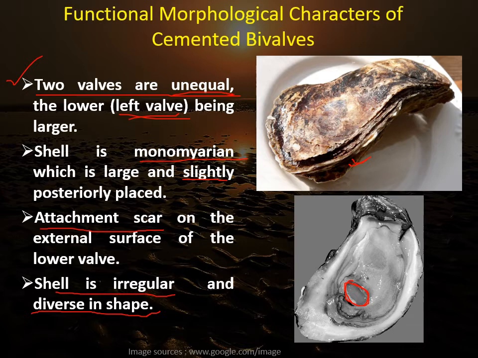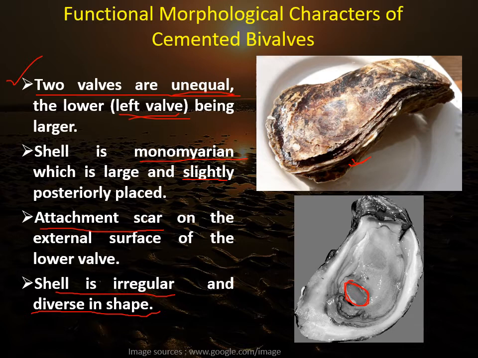As you can see from the previous slide discussion, in the byssally attached bivalves the anterior muscle scar, or the anterior muscle, is already highly reduced. Now during evolution, these bivalves evolved from those byssally attached forms in which the anterior muscle is highly reduced.